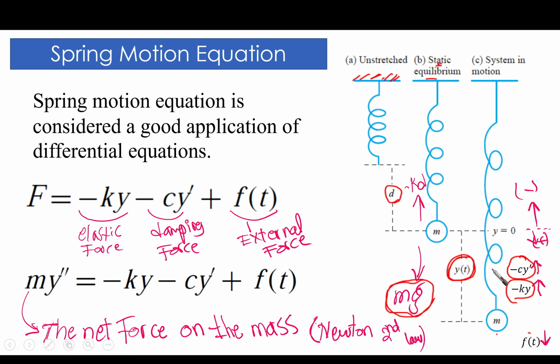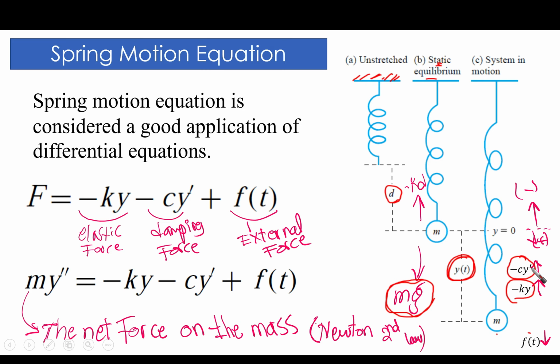Damping means that whenever a mass moves in a medium, there might be a kind of resistance around this object. And we found that this resistance is related to the velocity, y prime. It is not related to y, and it's not related to y double prime, which is the acceleration.